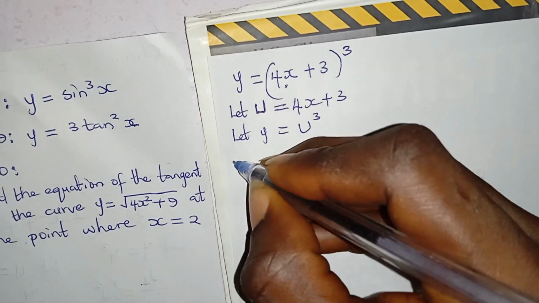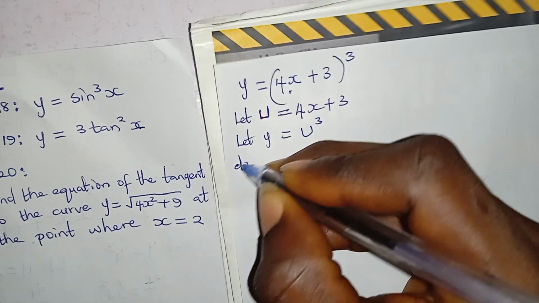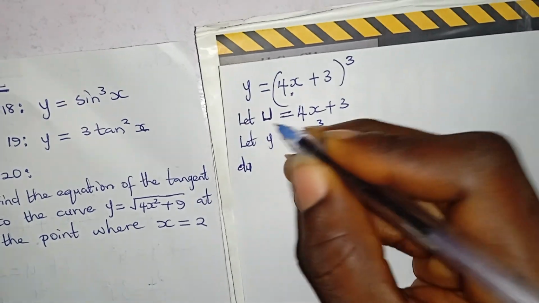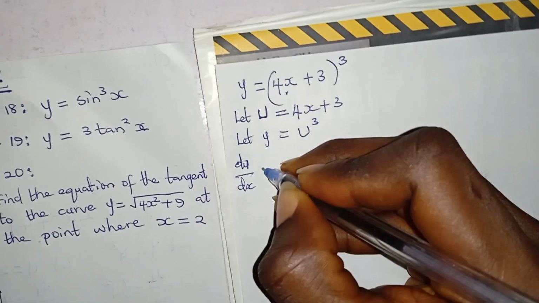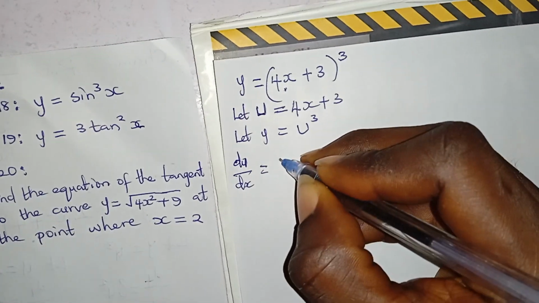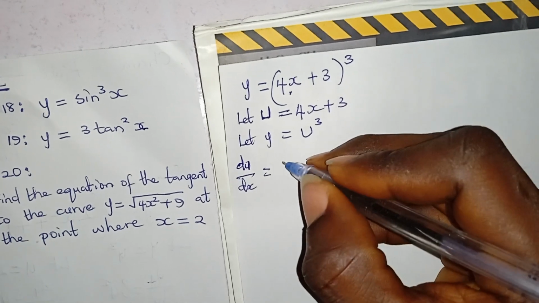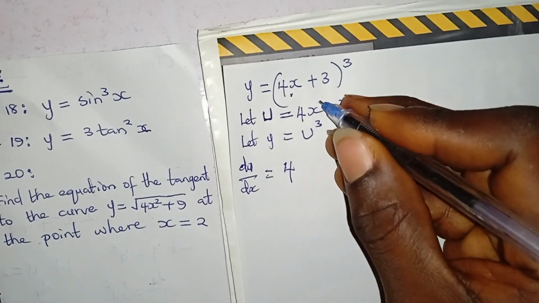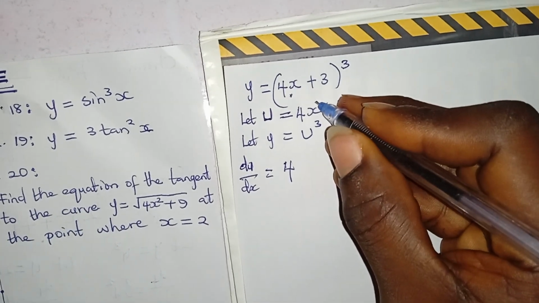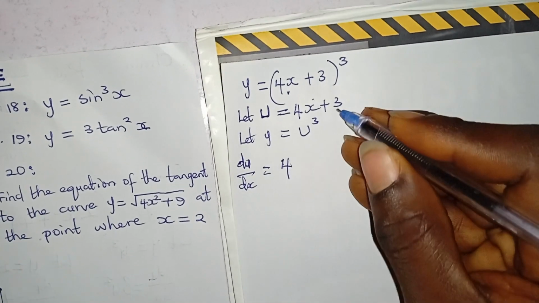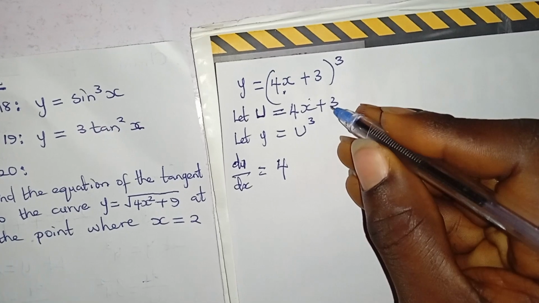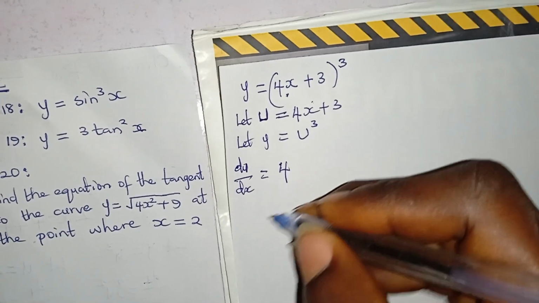If I do this, that means that du/dx is going to be, there's an invisible 1 here, 1 times 4 is 4, subtract 1 from the power, 1 minus 1 is 0, anything raised to power 0 is 1. The derivative of a constant is 0, so I have 4.